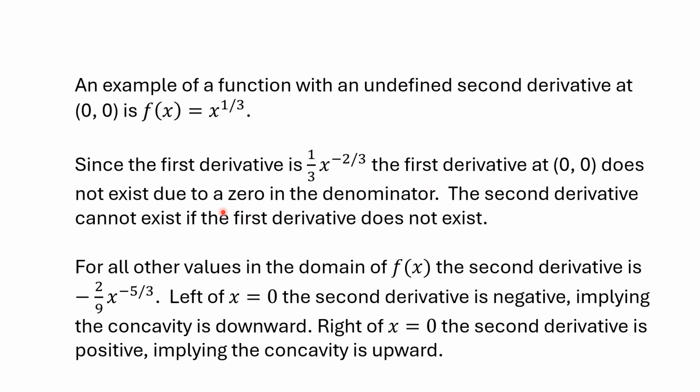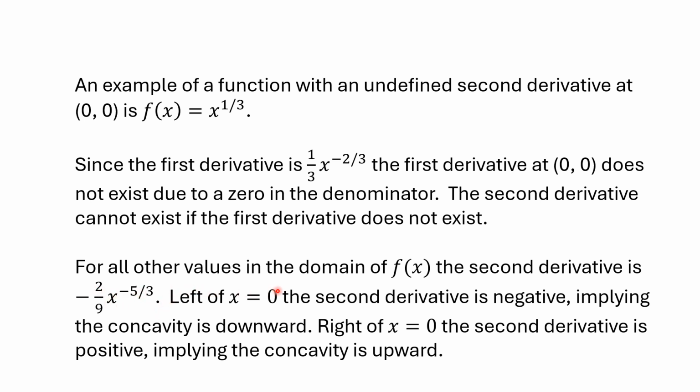At 0, 0, this does not exist because we have 0 in the denominator. X to the negative 2/3 is 1 over x to the 2/3. 1 over 0 is undefined. So the second derivative can't exist if the first derivative doesn't. So here we've got a case with an undefined second derivative.